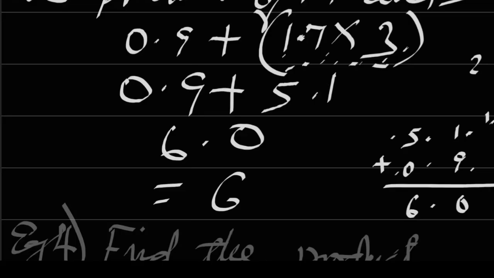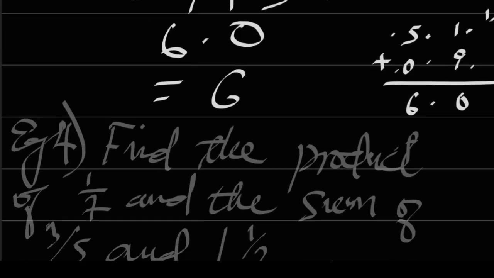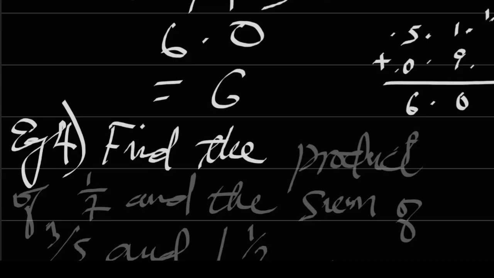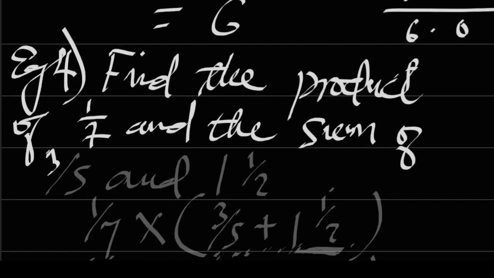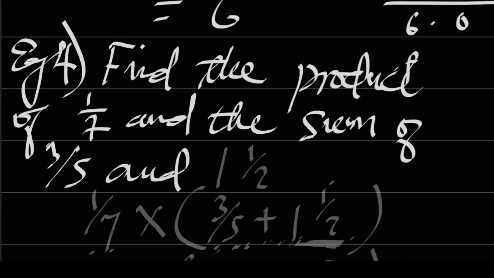Let's have another example. Example 4. Find the product of 1/7 and the sum of 3 over 5 and one whole number 1 over 2.